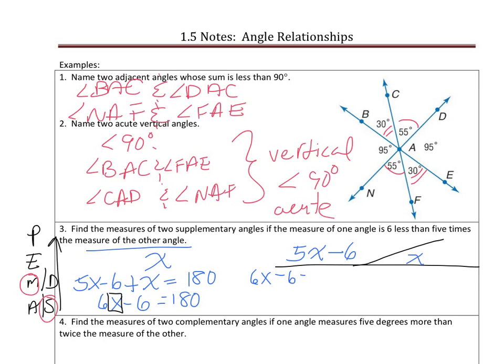I'm just going to rewrite this over here. So we're going to add 6 to both sides of that equal sign, and of course opposites reduce to 0. And then I'm going to rewrite this over here. I'm going to undo that multiplication with division.